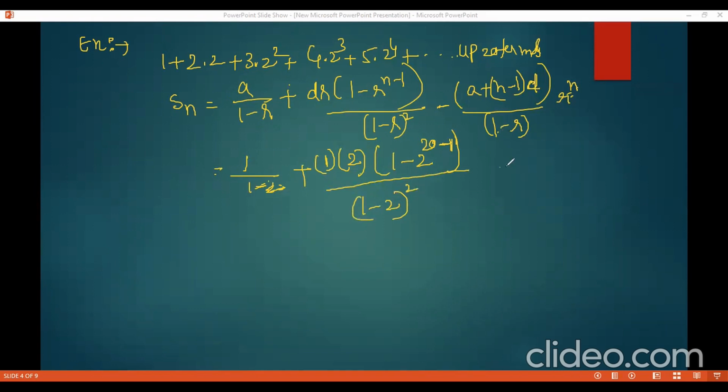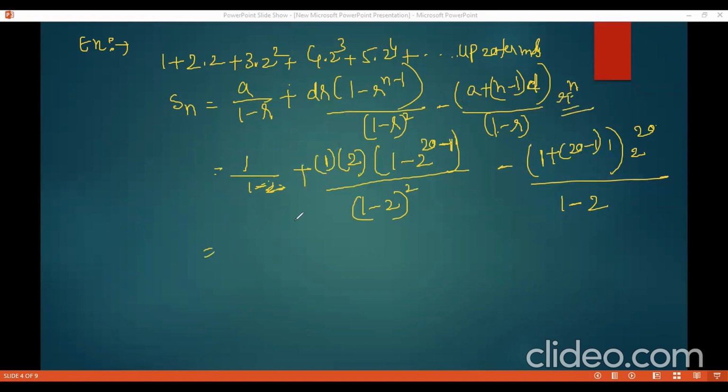Minus 1 plus 20 minus 1 into 1 divided by 1 minus 2, close the bracket. This much into 2 to the power of 20, into r to the power of n, this one.